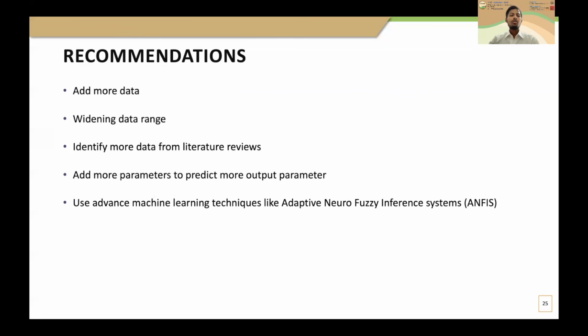This model can be further improved by adding more data, widening the data range, and identifying more data from literature reviews to predict the parameters accurately. Furthermore, we can use advanced tools such as the adaptive neuro-fuzzy inference system, known as ANFIS.